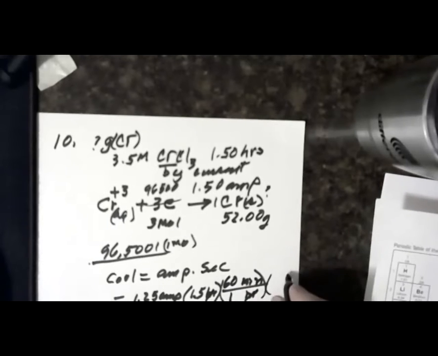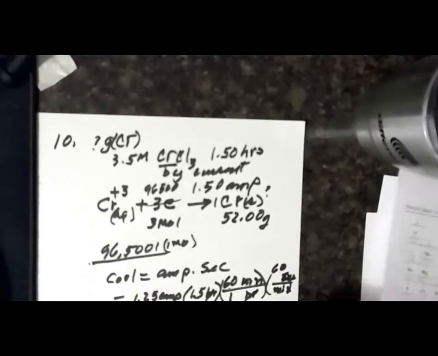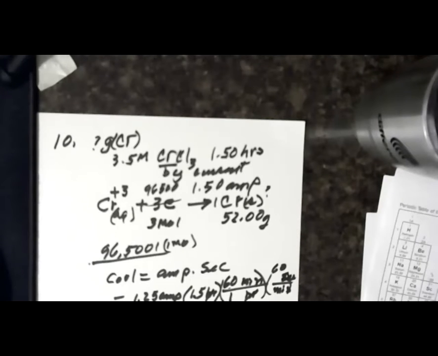And now we have to take it from minutes to seconds, and there's 60 of those. So 1.25 times 1.5 times 60 times 60 is the number of coulombs that we have.